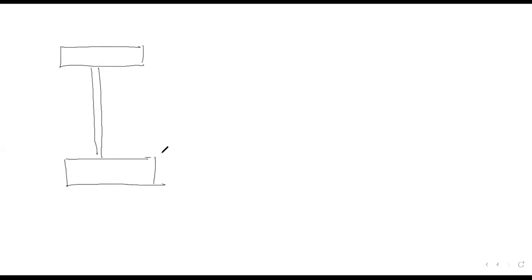Now let us move on to the intermediate stiffener. With respect to our section size, 2000 mm, 10 mm, 600 mm, 550 mm.